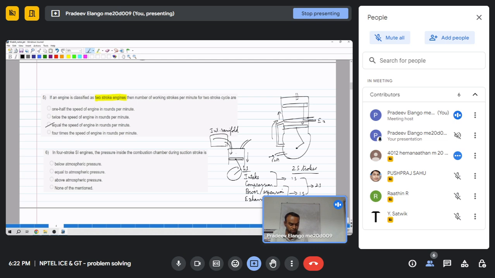Because of this, pressure P less than P atmosphere, air flows from the manifold to the combustion chamber. So this is below atmospheric pressure.